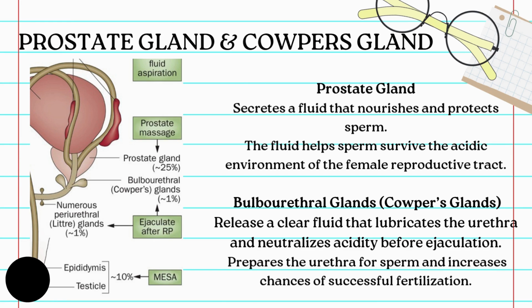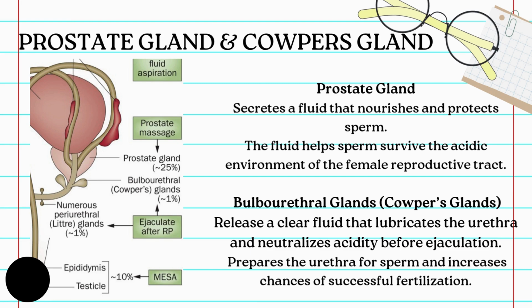So when the sperm gets in, we don't want it to die before it fulfills its purpose. So the prostate gland ensures that the sperm is coated and able to survive that, and also survive the acidic environment of its own urethra as well. So that's what it does, and that fluid also nourishes the sperm.